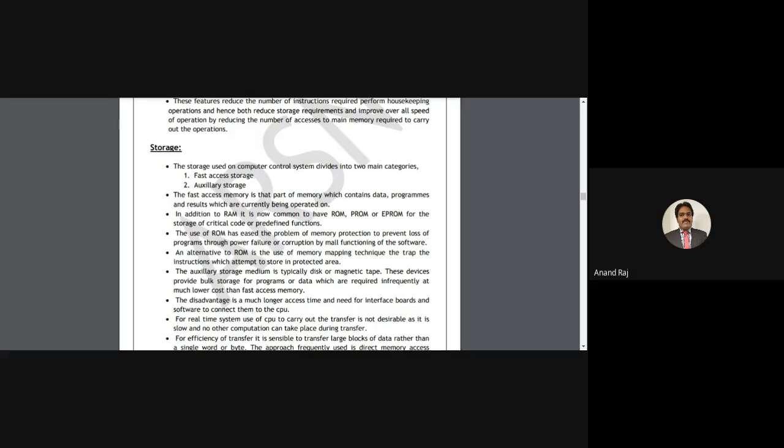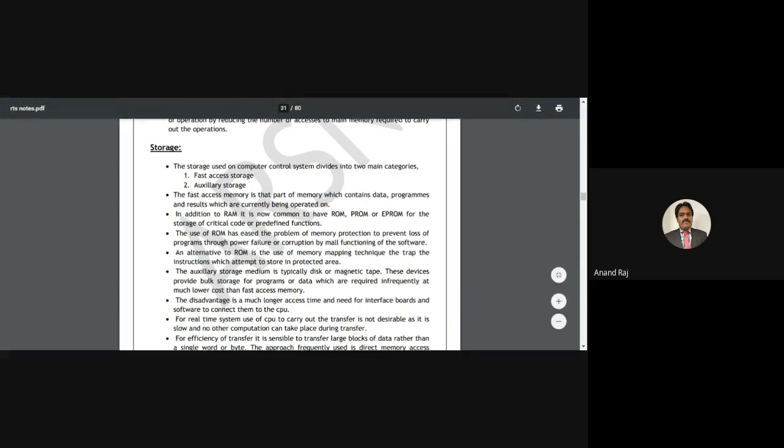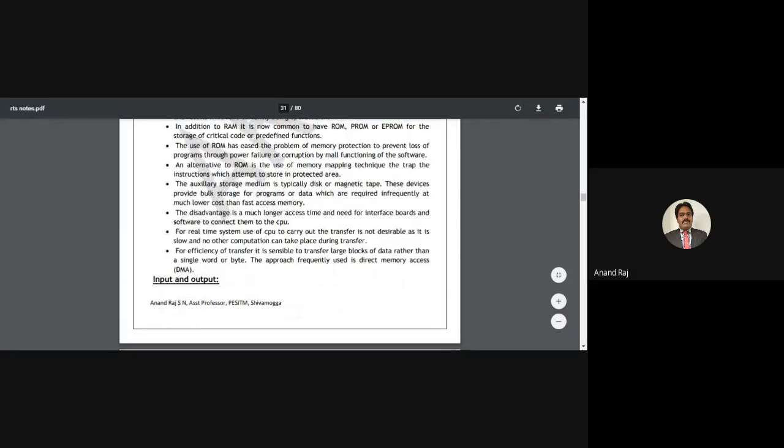That is, the memory protection problem has been solved. An alternative to ROM is the use of memory mapping technique, which traps the instruction that attempts to store into the protected area. So these are some of the storage concepts.